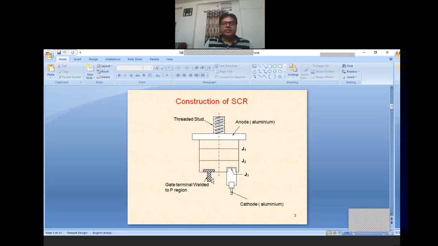This is the interesting feature because of which the gate triggering or turning on of SCR can be easily done.